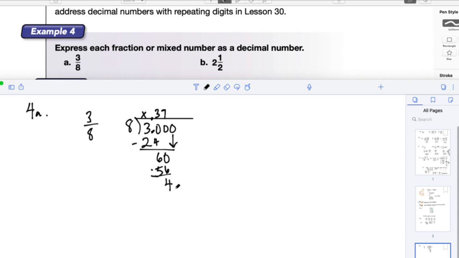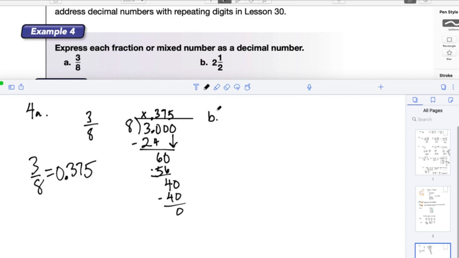I'm going to drop this 0. 8 goes into 40 5 times. 5 times 8 is 40, and so I'm done. So what we have is that 3/8, let me write it over here, 3/8 is equal to 375 thousandths. Let's go on and do this next one.